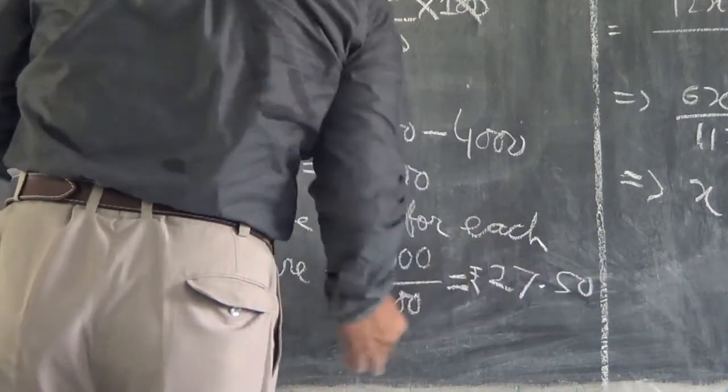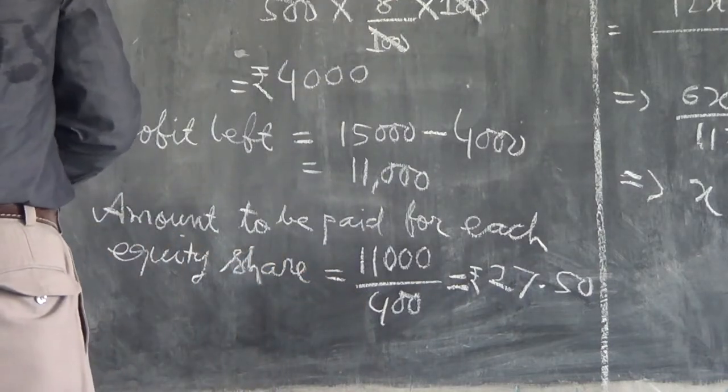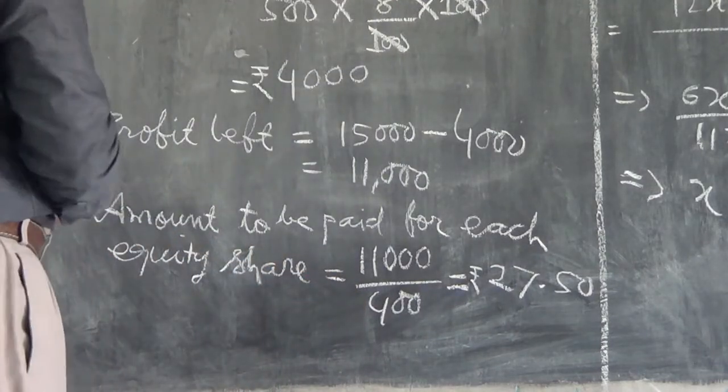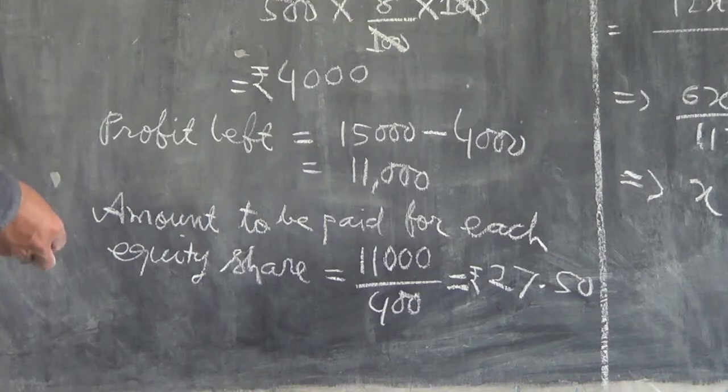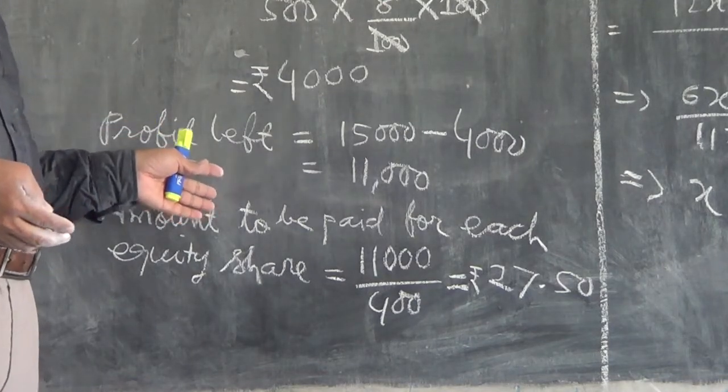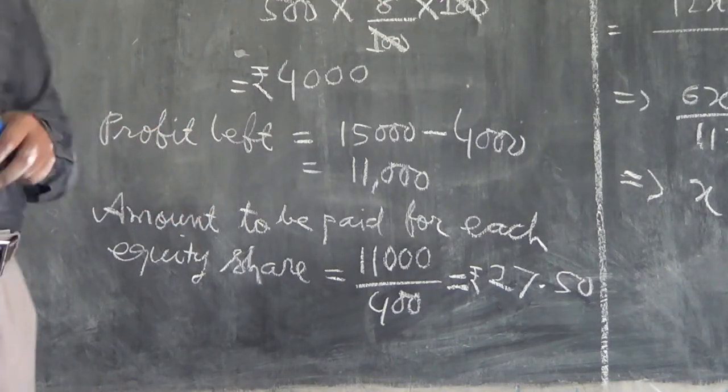So each equity shareholder will get 27 rupees and 50 paise.